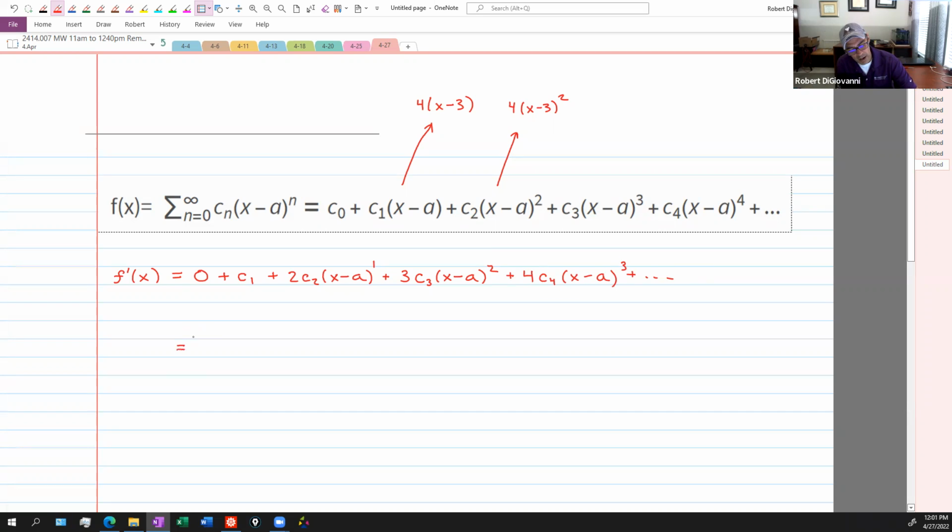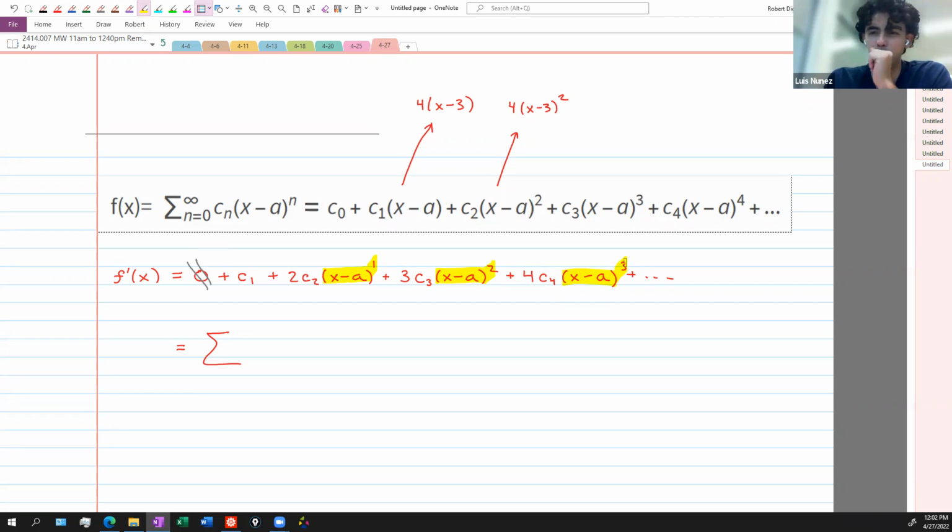Can you help me rewrite this in sigma notation? You can ignore this, you don't need that. What do all of these have? Let's start with the x minus a. This is x minus a to the first, x minus a squared, x minus a cubed, so n minus 1.